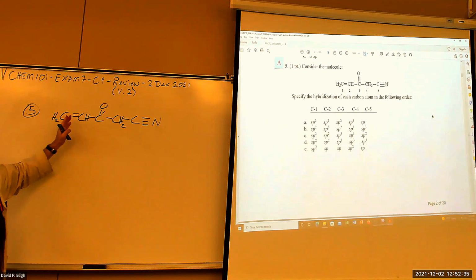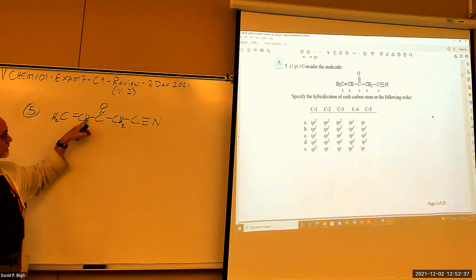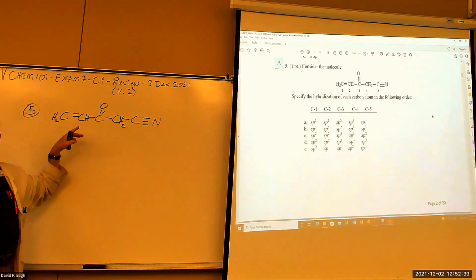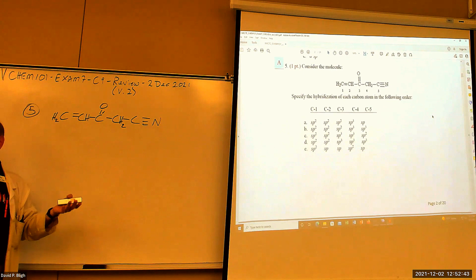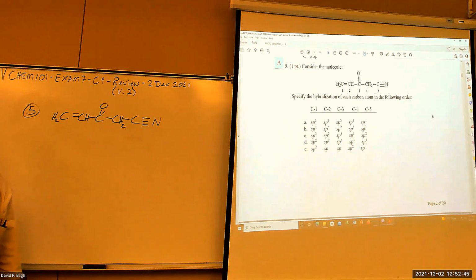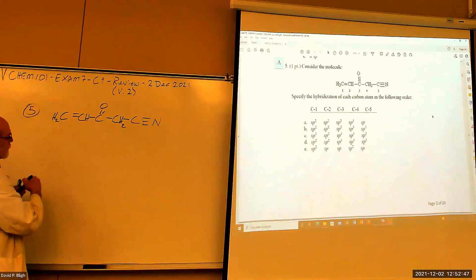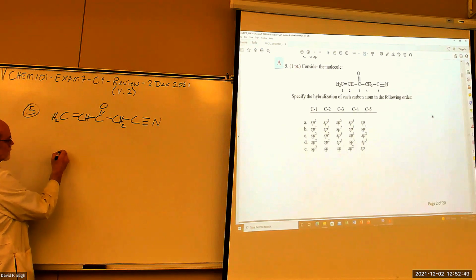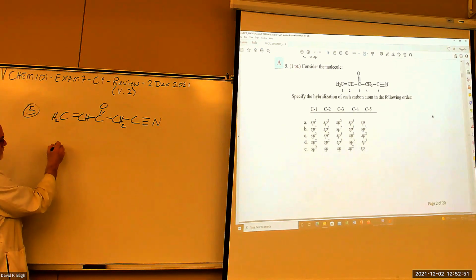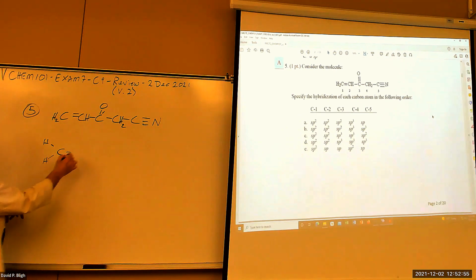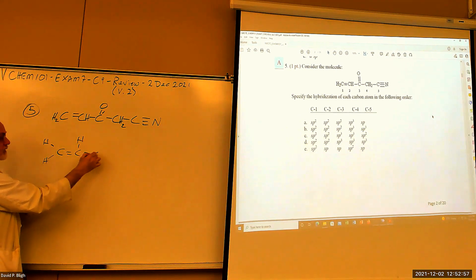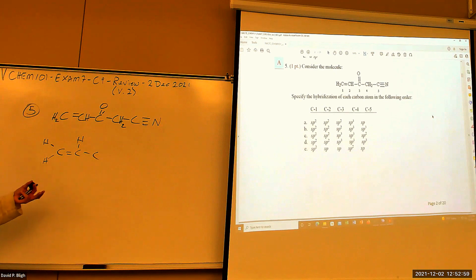Just because they're in sequence doesn't mean they're bound to that carbon and this carbon both. That can't be because hydrogen can't have two bonds. You only have one bond. So it would be written like, for instance, this one would have the hydrogens out here like that, and then a carbon over here. It would have a hydrogen there to the next carbon. That's the way it would look.